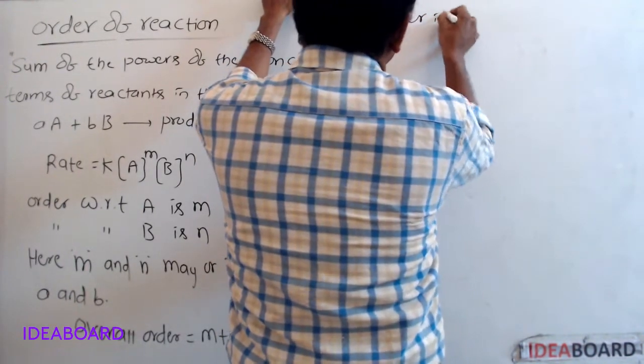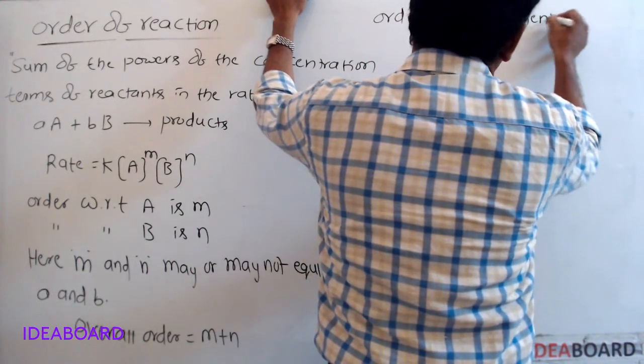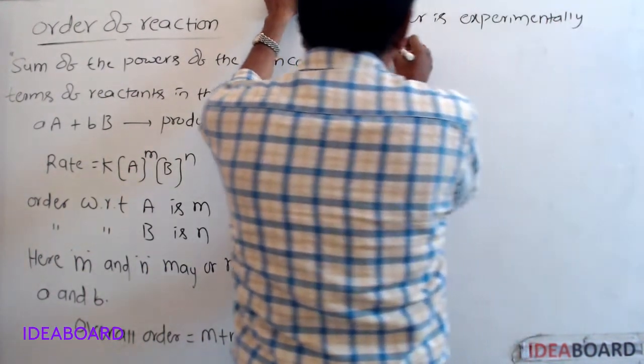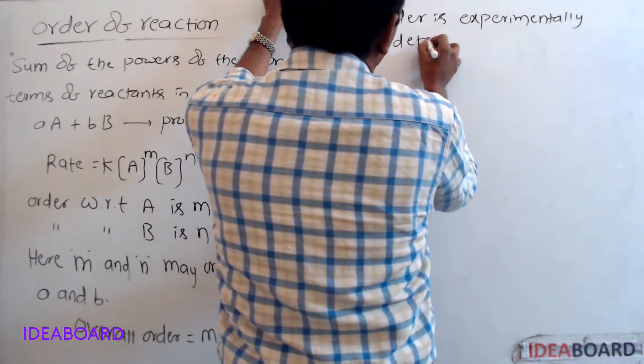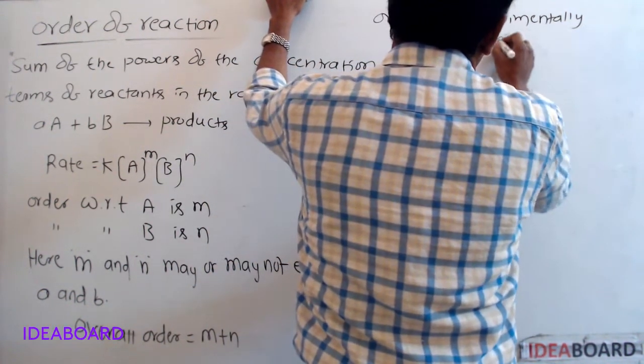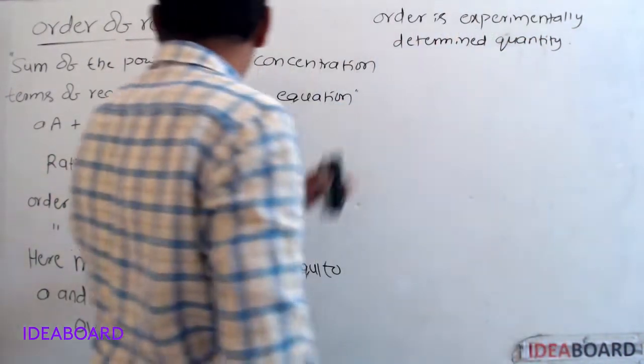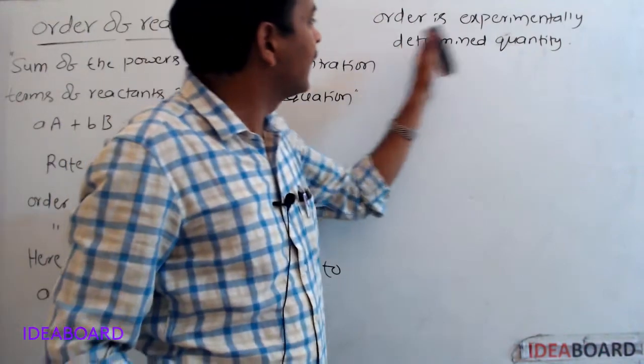This order is an experimentally determined quantity.